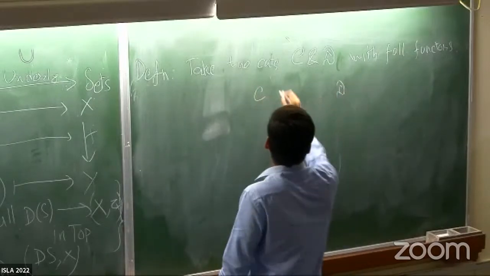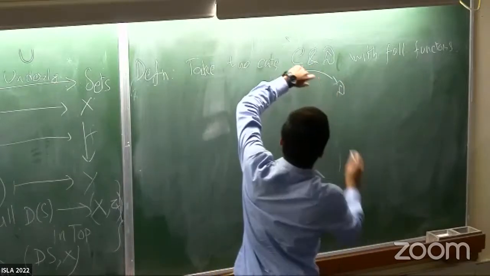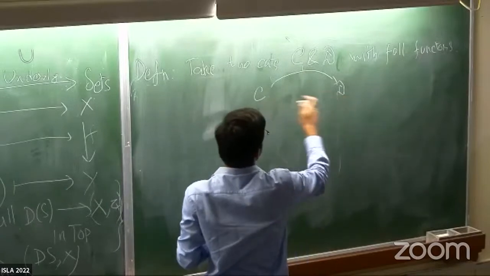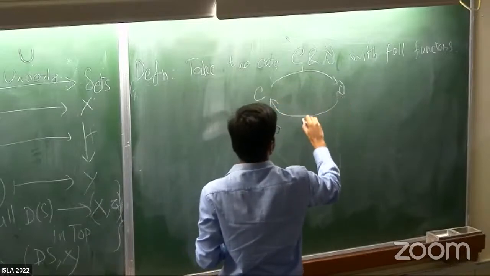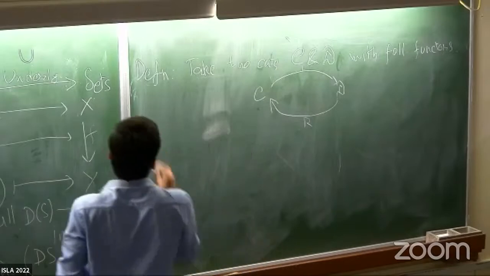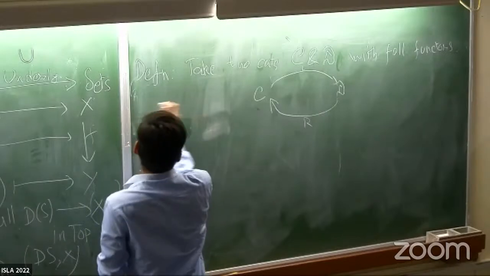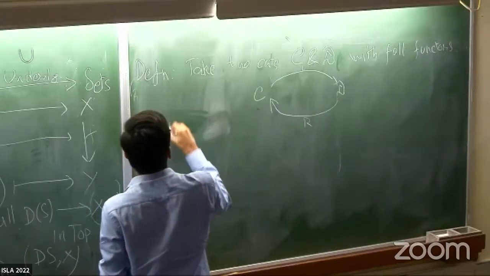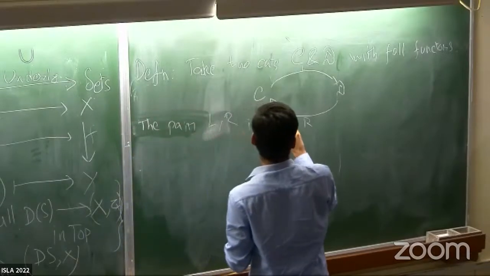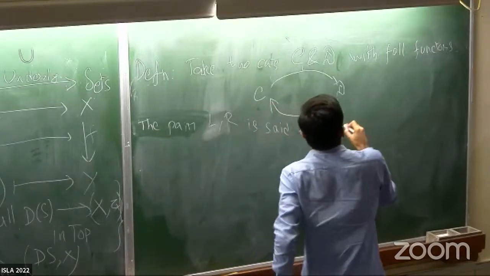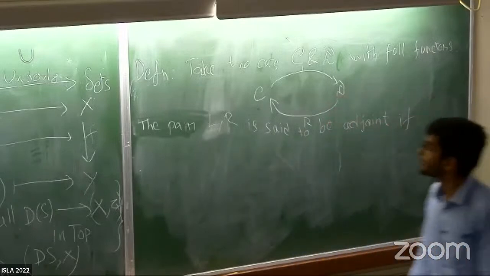So you have two categories, C and D, a functor L from C to D, and the other functor in the other direction, R. The pair L comma R is said to be adjoint if the following condition is satisfied.